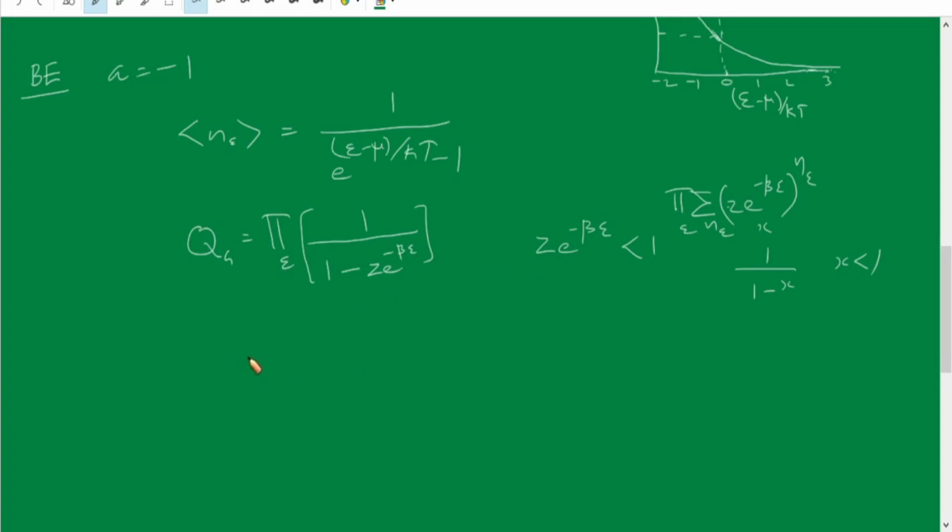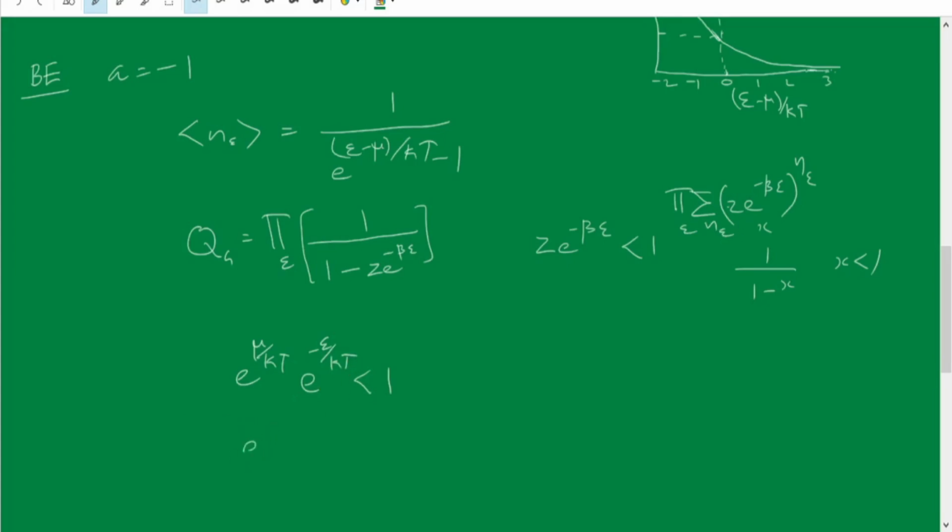So here, what is z? e raised to mu divided by kT, then e raised to minus e divided by kT is less than 1. So this is z, and this is e raised to minus beta e.